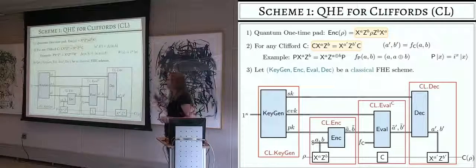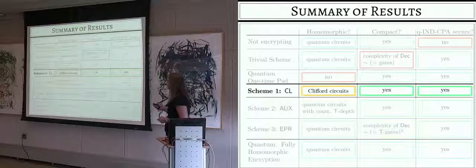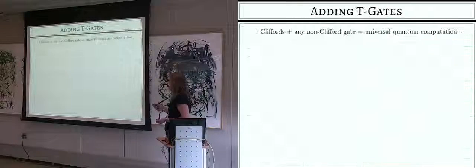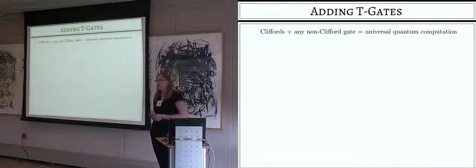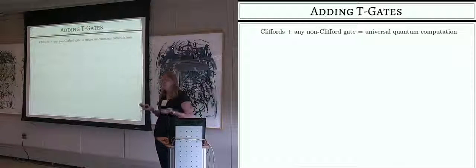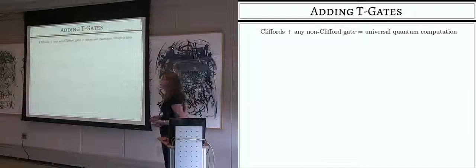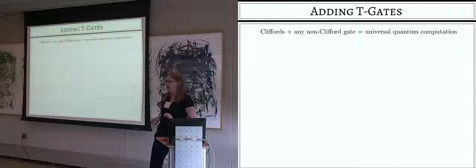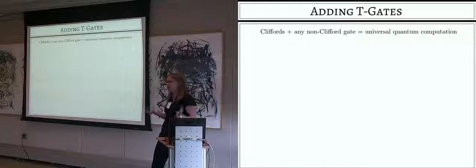Okay, so now let's try to extend this. This is only homomorphic for Clifford circuits, so we'll try to extend this to a larger class of circuits. So it's known that if you take a set of Clifford gates that generates the Clifford group, and you add any non-Clifford gate, this is a universal quantum gate set. So we can choose any non-Clifford gate, and this would give us a universal quantum gate set.